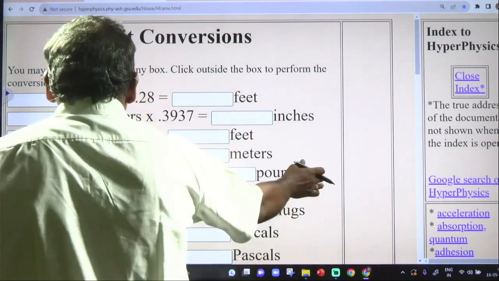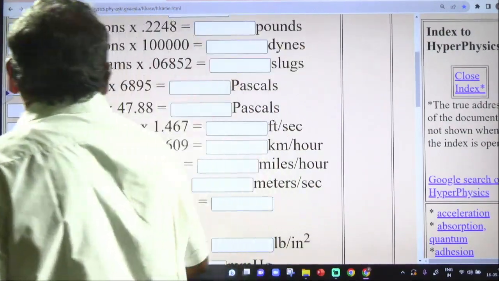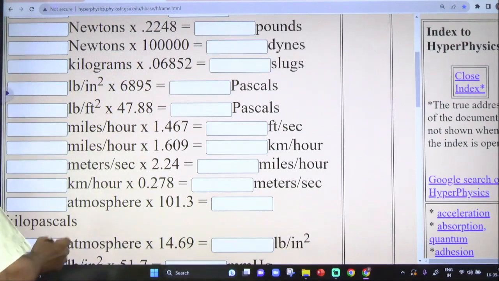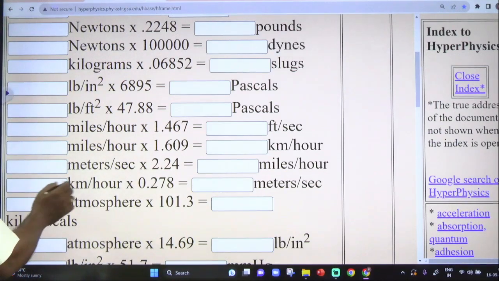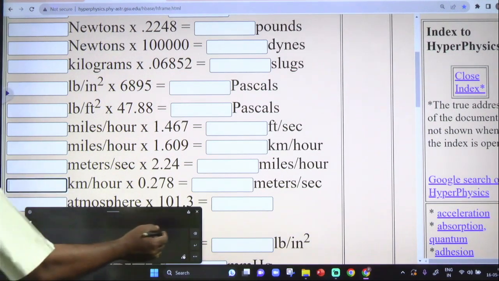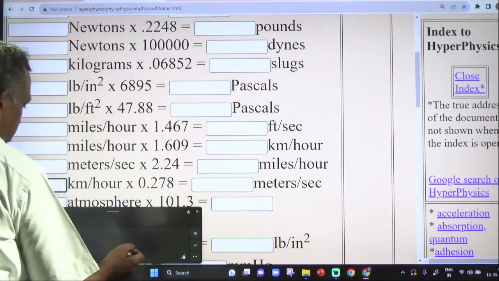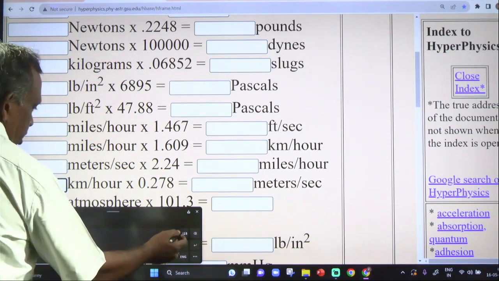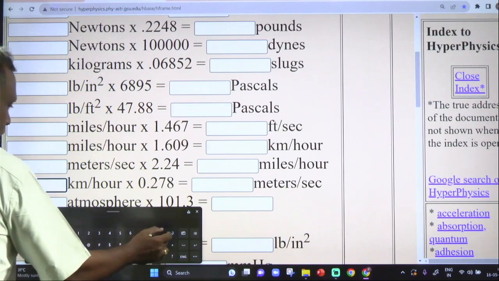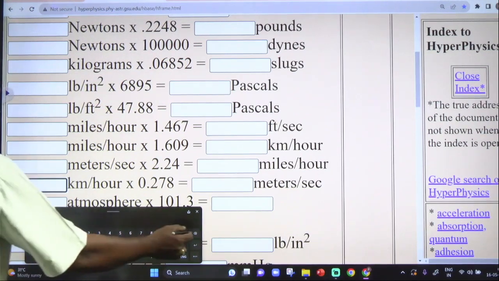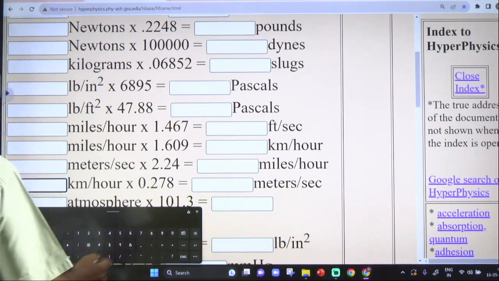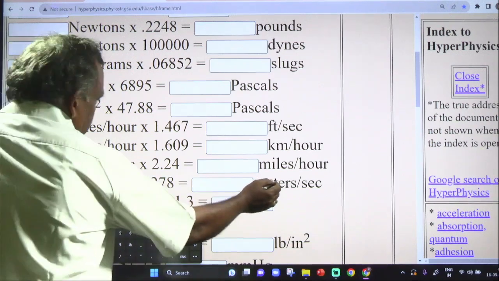If you observe carefully, for example, 1 kilometer per hour is equal to how many meters per second? Take 18 kilometers per hour. How many meters per second?